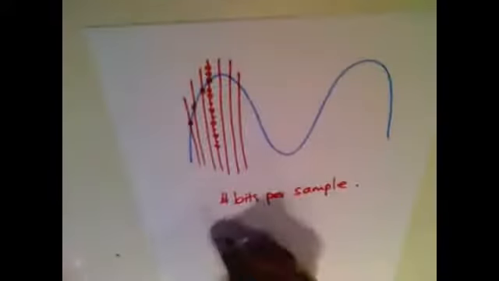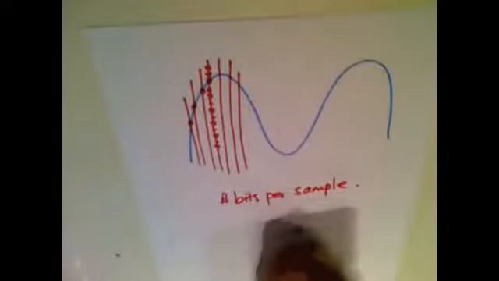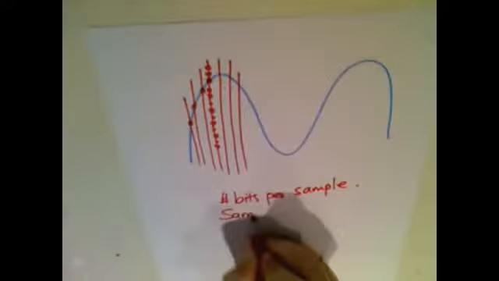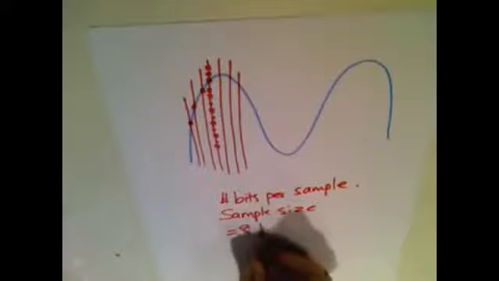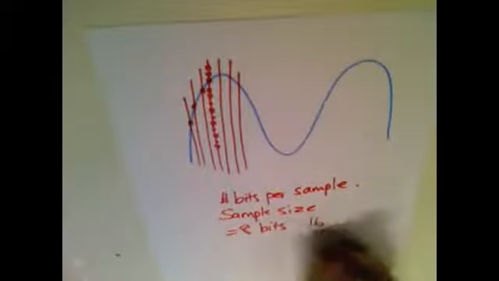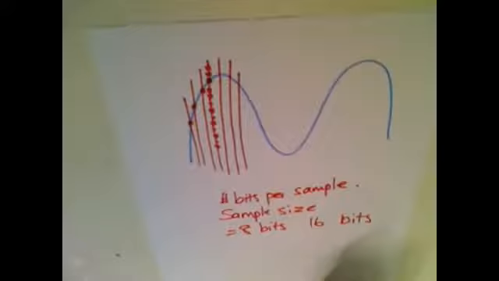So for the number of bits per sample, or the sample size, you can have 8 bits or 16 bits per sample. Obviously, the more bits there are, then again, the higher quality the sound, but the bigger the file size.